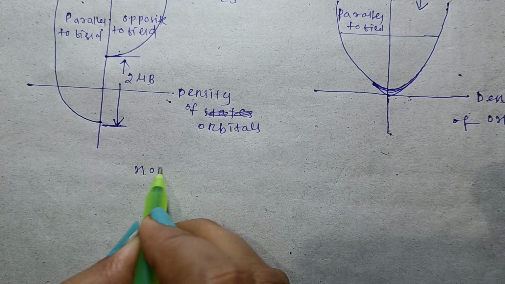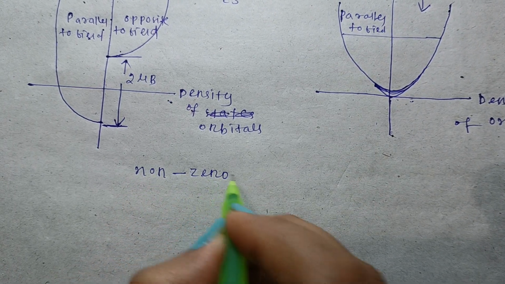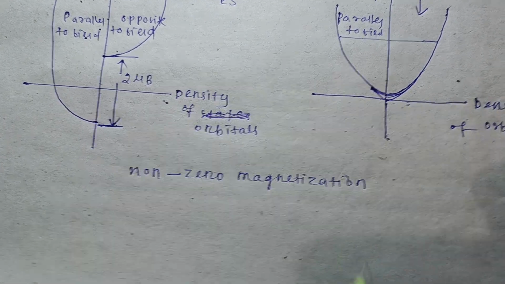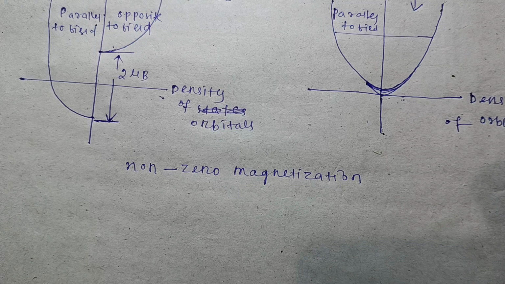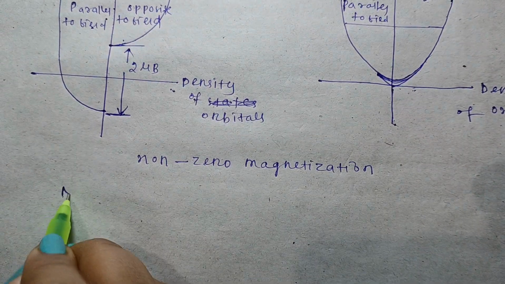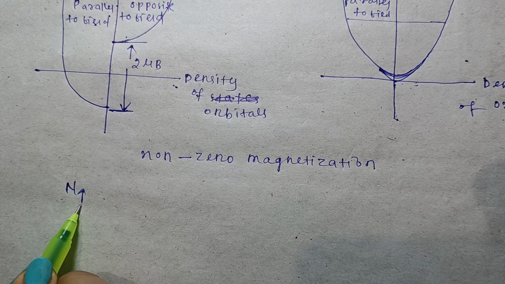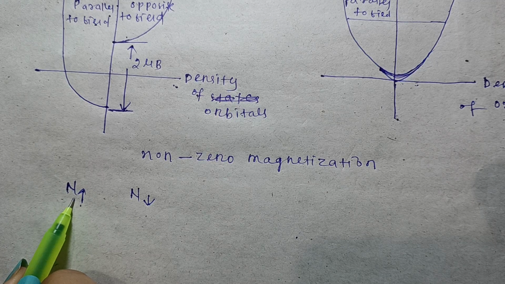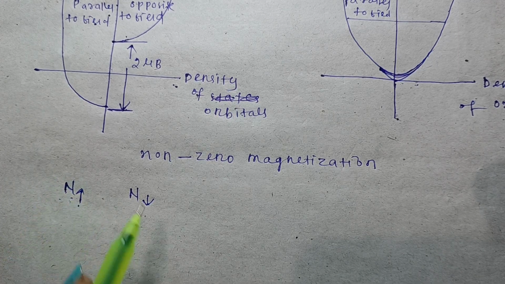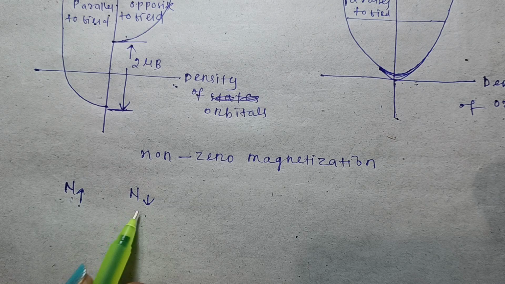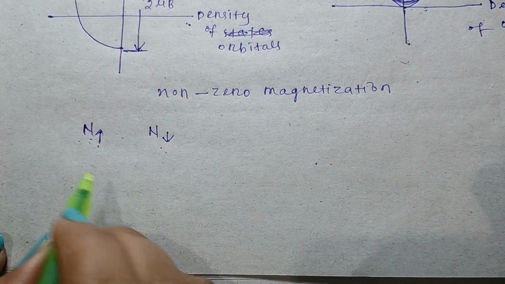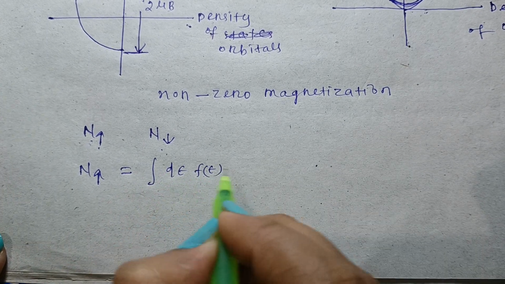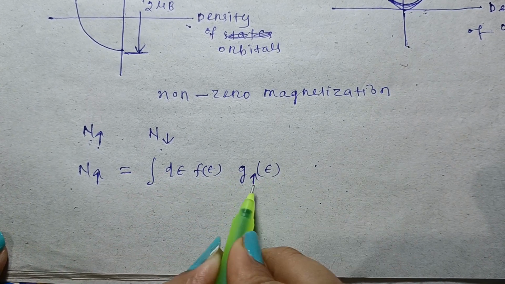So it will contribute non-zero magnetization of the system. Now let N up and N down be the number of electrons with spin up and the number of electrons with spin down. Then N up will be the integration of dE f(E) G up spin(E).